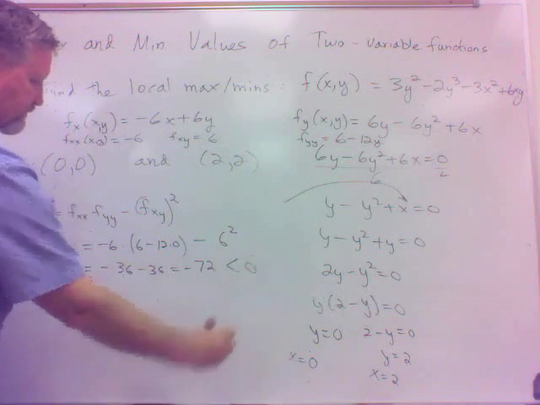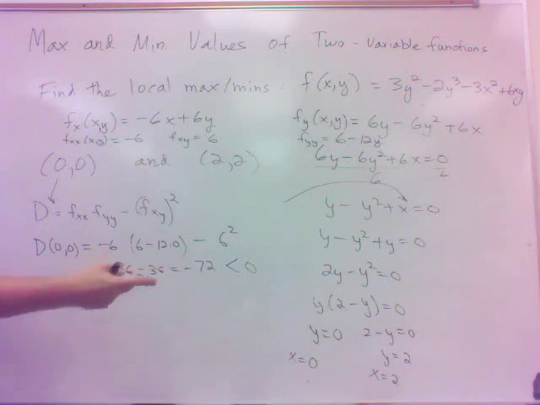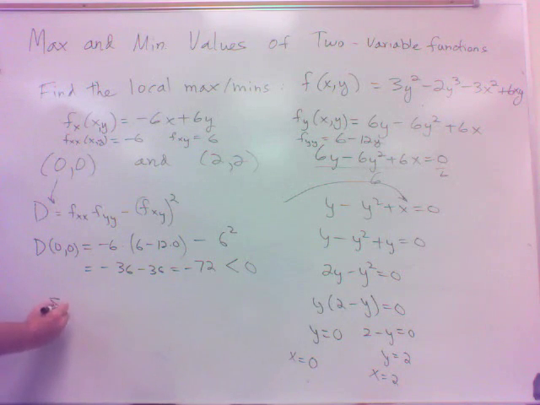So that's less than 0. Okay, all right, so D is less than 0. What does that mean? If D is less than 0, it's always a saddle point. To be a local max or min, D has to be greater than 0.